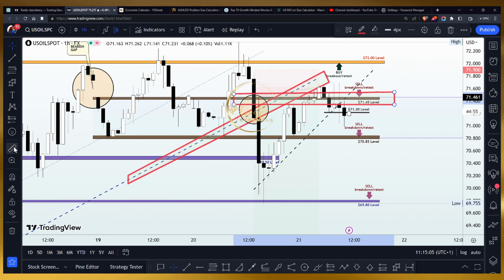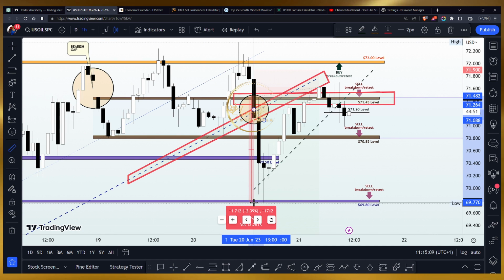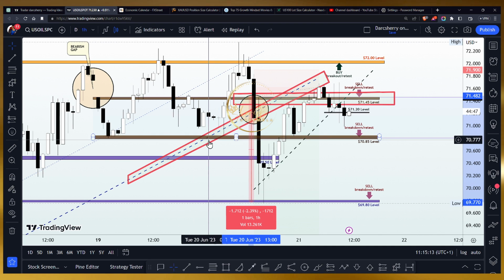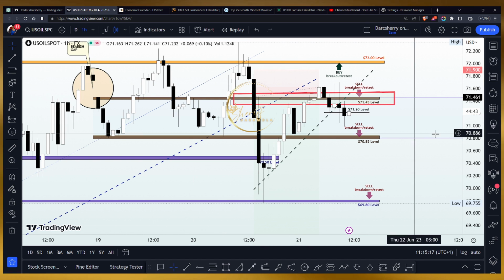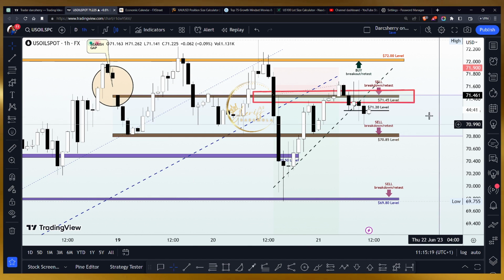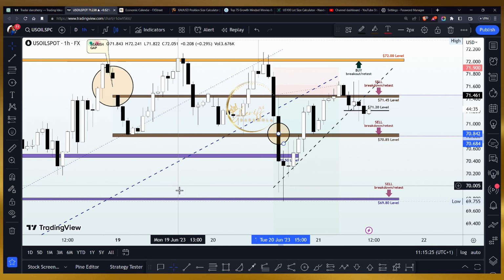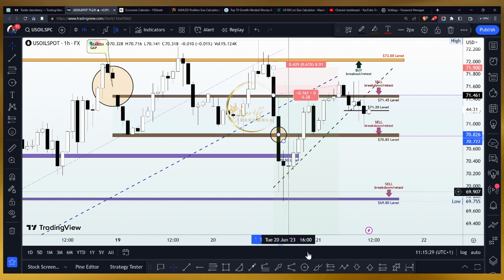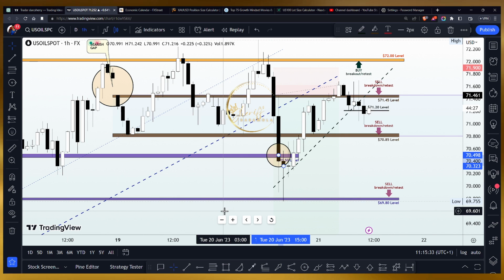And as you can see here, price action moved over 170 pips in our favor. And for those who took advantage of this opportunity, well done to you for being on standby to have caught that opportunity. And look at what we had here. The market gave us the privilege of maximizing the move as we added more positions at the breakdown of the $70.85 level and also the $70.50 level to maximize that move.